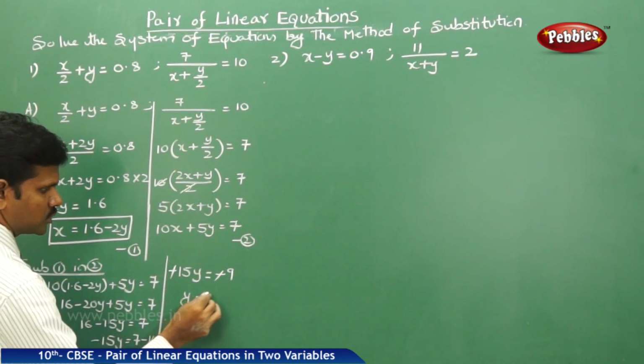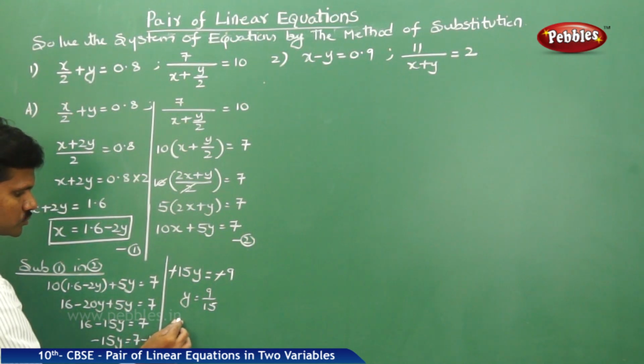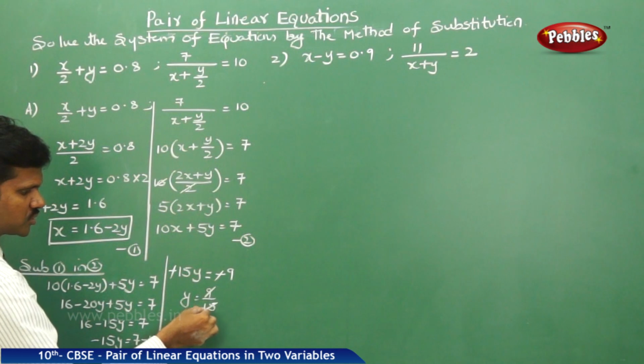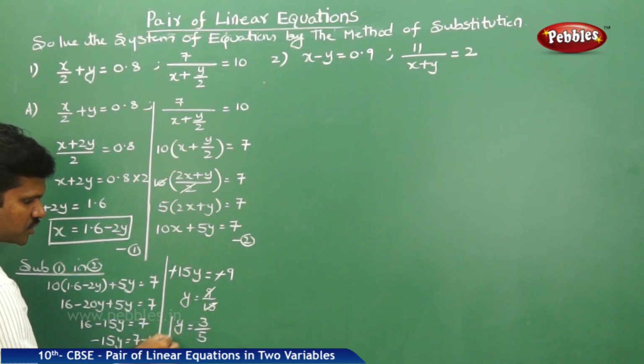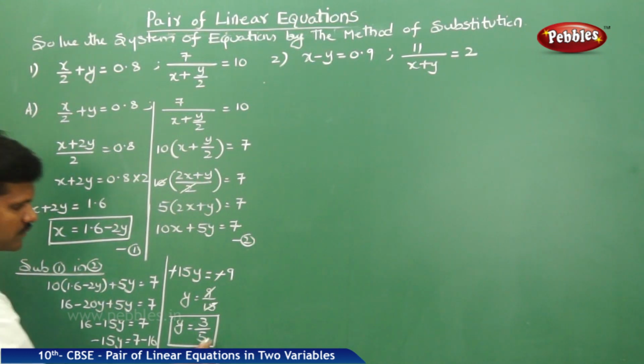So y is equal to 9 by 15. Convert this into a standard fraction: 3 times 3, 3 times 5, that is, the y value is 3 by 5. Now this is equation 3.